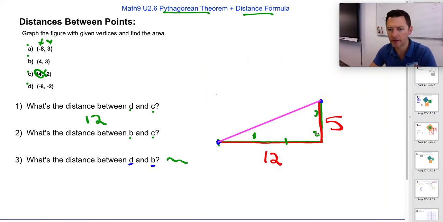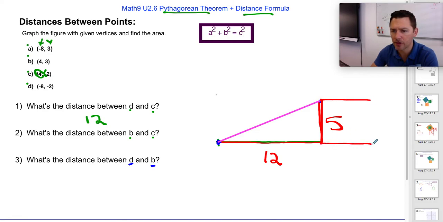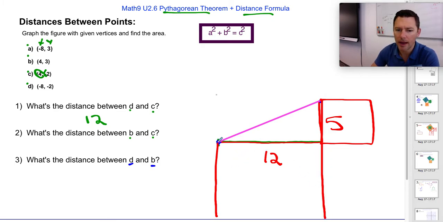Let's get rid of some of this other stuff so we can see it. I know from Pythagorean theorem that if we make a square, this is 5 units, if we made this square 5 units, and we made this 12 by 12, and we didn't know this piece, but it's really big, right?